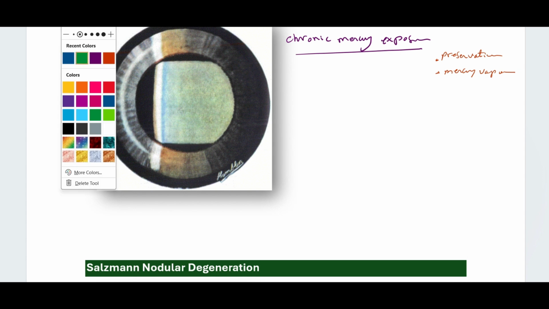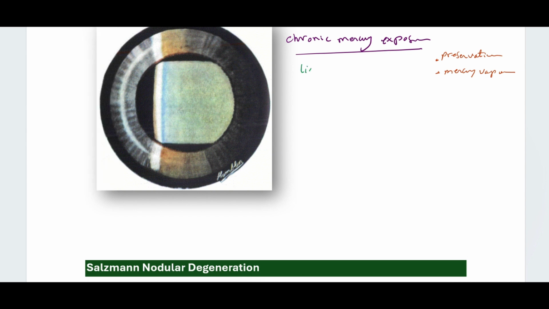It affects the eye. So start with the eyelids. Start systemically. It causes lid tremors, and this is very characteristic in chronic mercury exposure and ocular mercury toxicity.